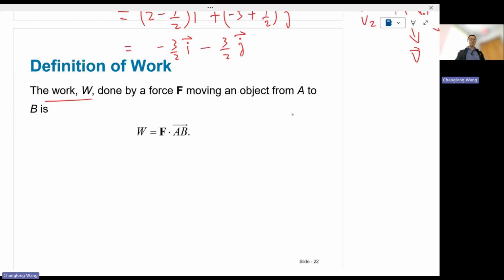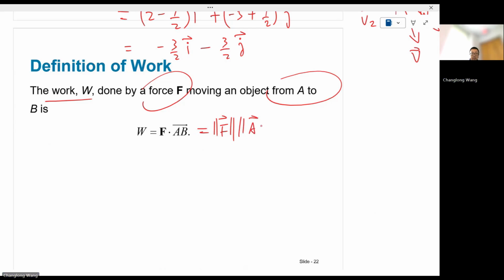It's a dot product between the force vector and the movement vector, which is from A to B. But you know that the dot product has a geometric definition, right? So it's the magnitude of the force times the magnitude of the movement.